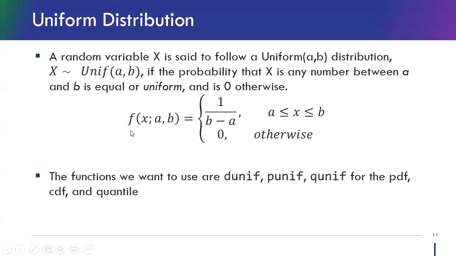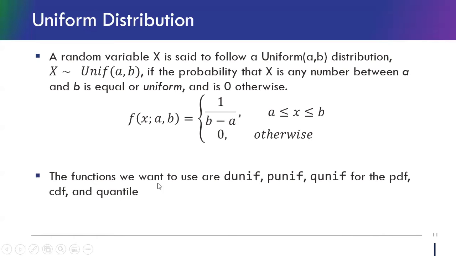So this PDF f(x), when a and b are given, for each x within a and b is 1 over b minus a. So the probability of X falling at any number in this interval is equal. And there is no chance that X will be out of this range a and b. So if x is out of a and b, then the probability is 0. This is what is talked about in this curly bracket.